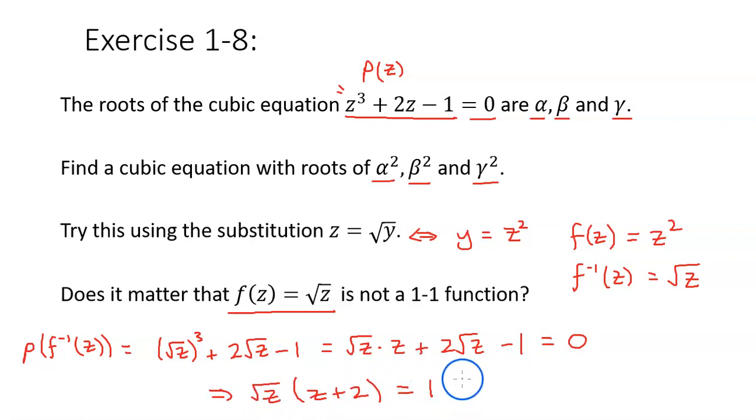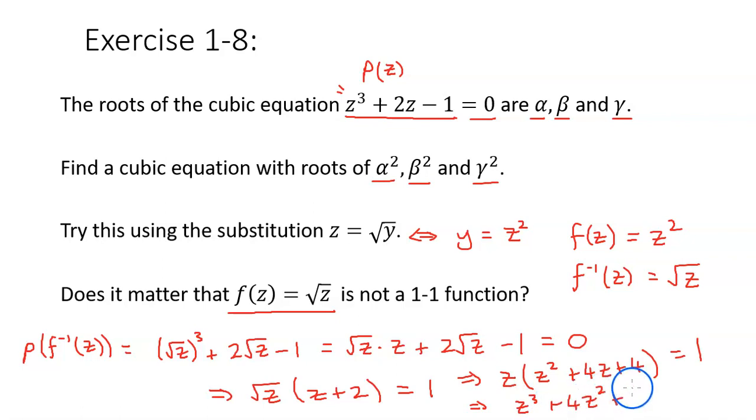Now from this point, we can square both sides of the equation. We get z times z plus 2 squared, so z squared plus 4z plus 4. And then on the other side, we still have 1. And then expanding that out, we get z cubed plus 4z squared plus 4z, and then minus 1 equals 0.